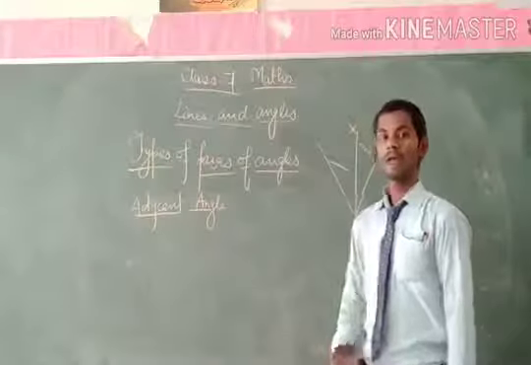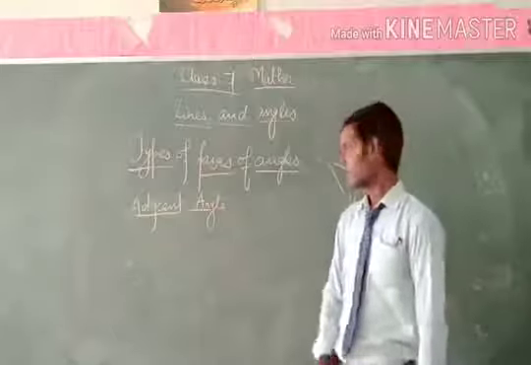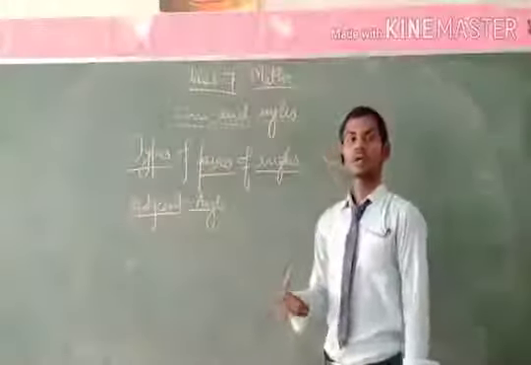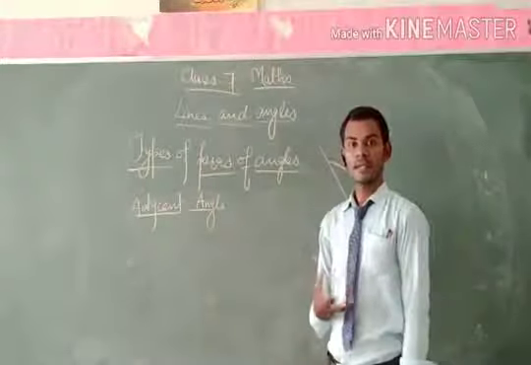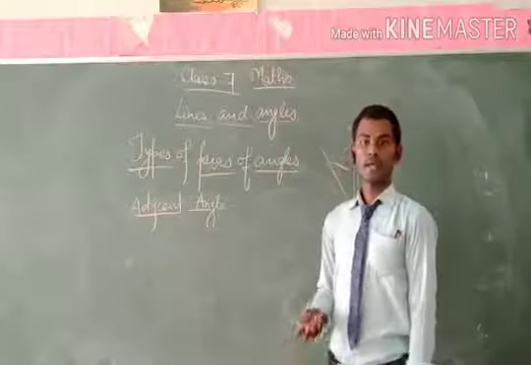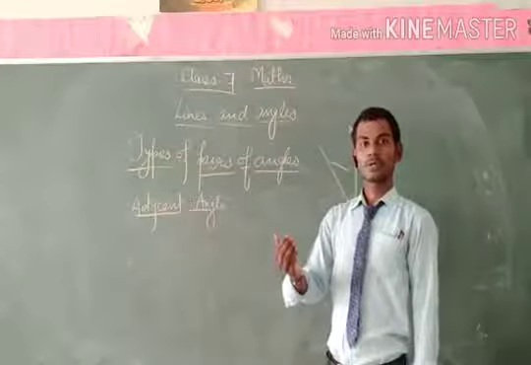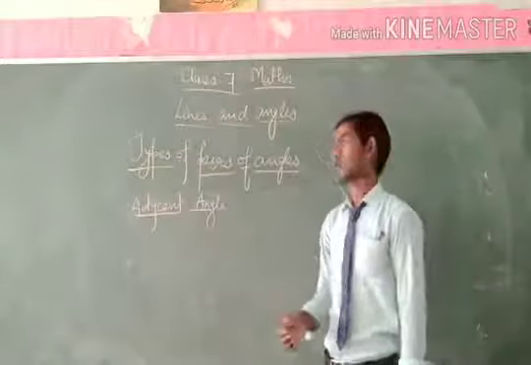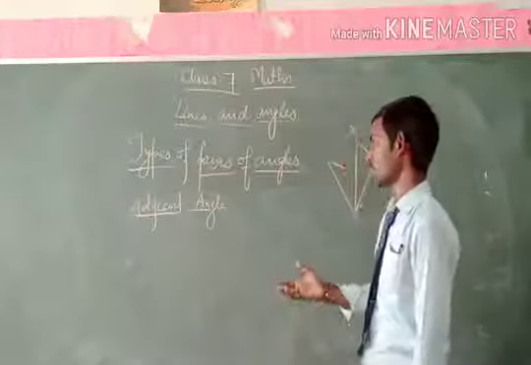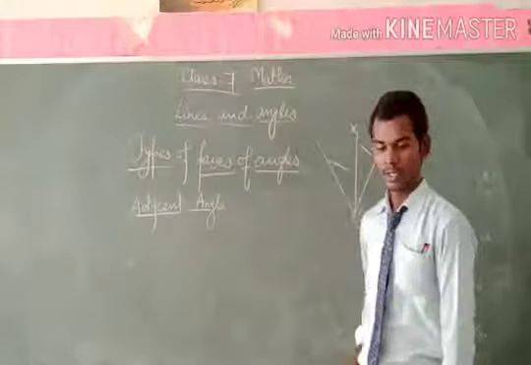Adjacent angle. Two angles are said to be adjacent angles if they have a common side and a common vertex, and the other sides are opposite to each other with respect to the common side. Then such a pair of angles is known as adjacent angles.